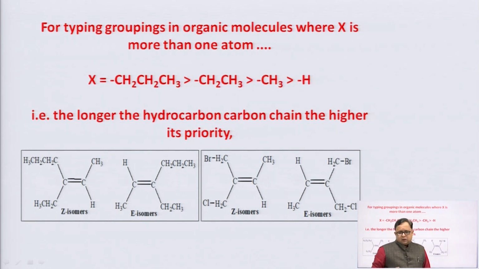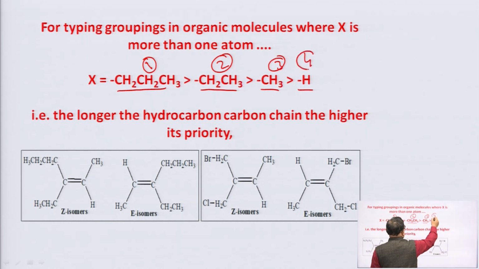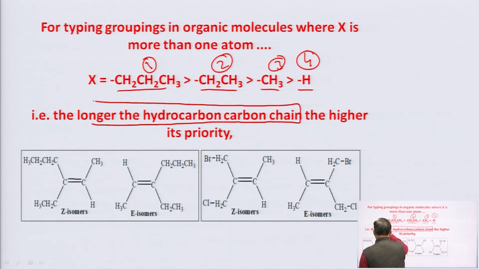On the basis of this rule, we can see this propyl, ethyl, methyl and hydrogen. Propyl has the highest priority, then ethyl followed by methyl followed by hydrogen. So, longer hydrocarbon chains are getting high priority. Now, what happens?